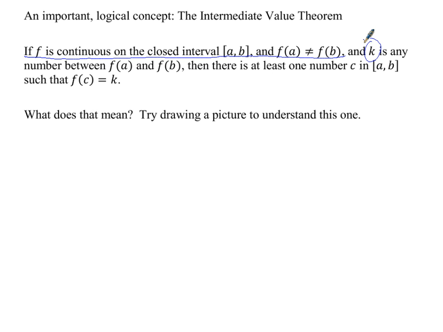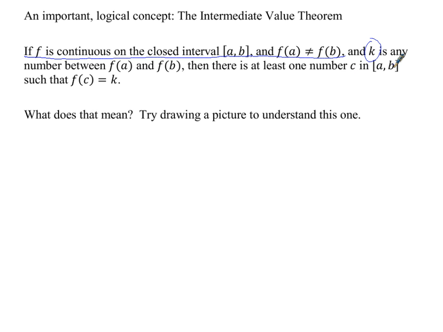Okay, and then we have this value k. K is just any number between f of a and f of b. So any number between f of a and f of b means we are looking at what values? The x values or the y values? Am I looking on the x-axis or y-axis here? Y-axis. And k is any number between the function at a and the function at b. Then there is at least one number c, some different number c, over the interval from a to b.